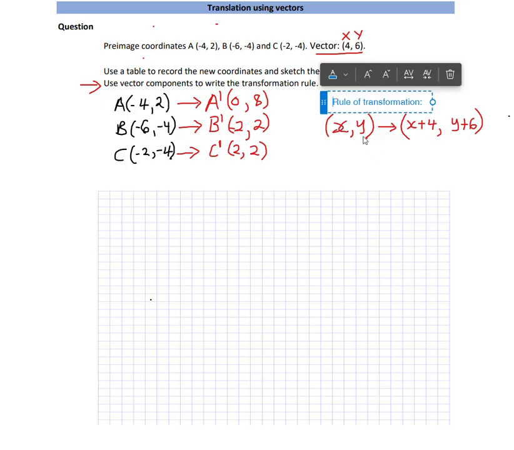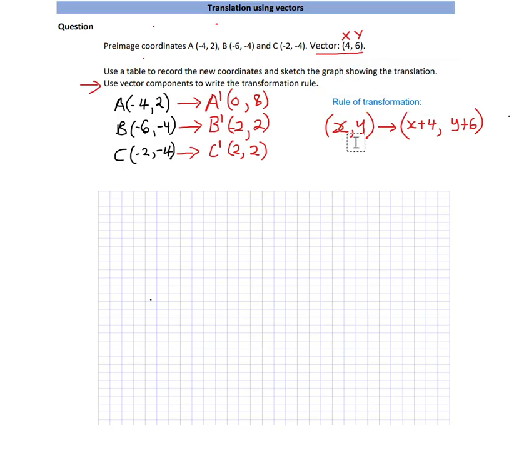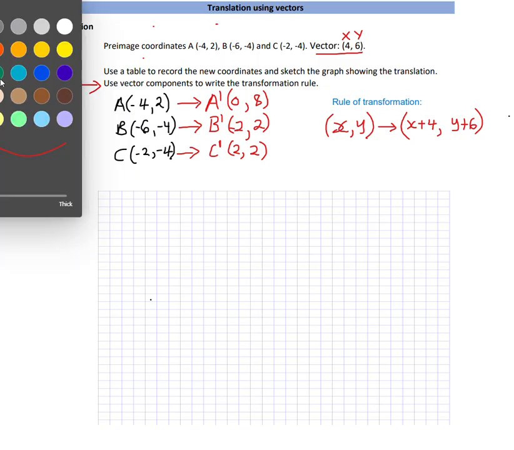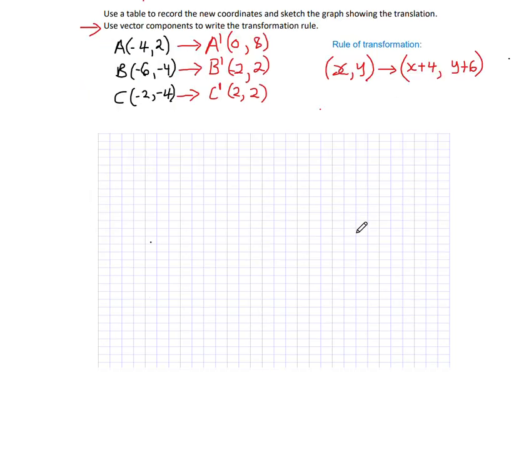So the rule of translation here is (x, y), meaning the x and y coordinates from the pre-image have been translated on the vector x of 4 and y of 6, which means that we added 4 to the x values in the pre-image, and we added 6 to the y values in the pre-image. That's how we derive the rule for this particular transformation.